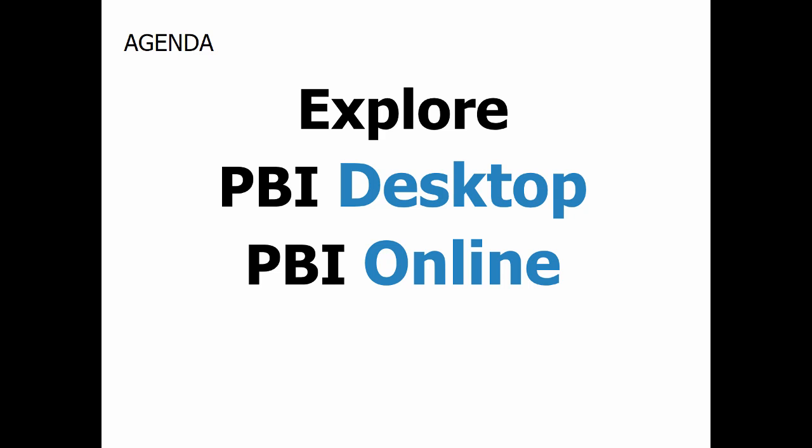Okay, now let's explore what is Power BI Desktop, and then we're going to jump into Power BI Online. So for that, I'm going to log into Power BI. I'm going to do a Google search. I'll show you that in just a second.